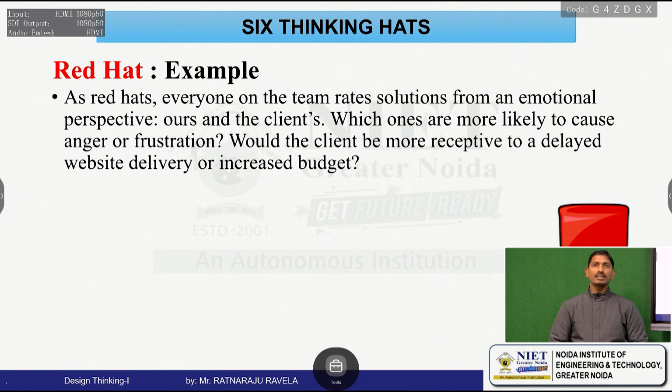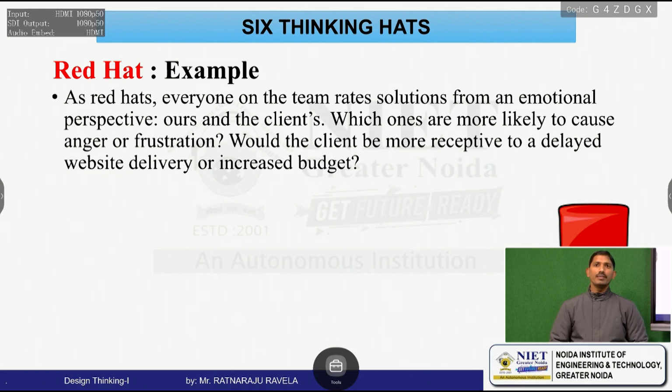Suppose the same case, the example here. In this example with the red hat, everyone on the team rates solutions from an emotional perspective, ours and the client's. Which one is more likely to cause anger or frustration? Here, the client said I want to change the color of the website.